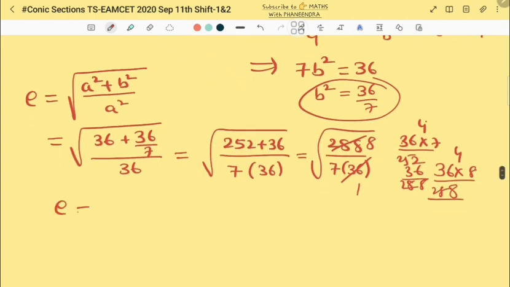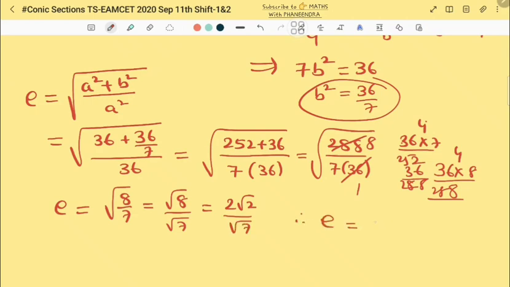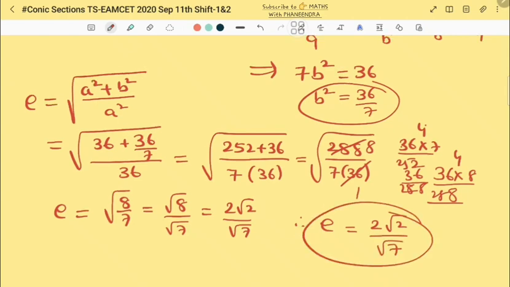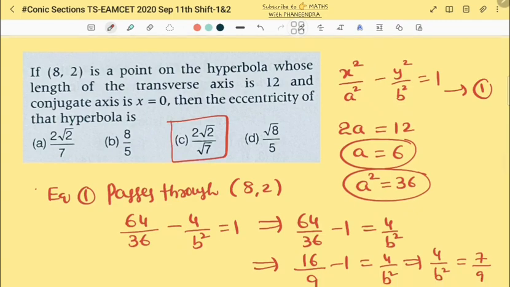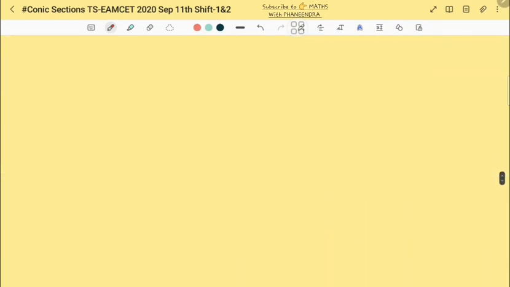So eccentricity is equal to root 8 by 7, so root 8 divided by root 7. Root 8 means 2 root 2, 4 into 2, 4 you can take outside. So the eccentricity is equal to 2 root 2 by root 7, which is there in option C, dear students. We'll move on to the next question.